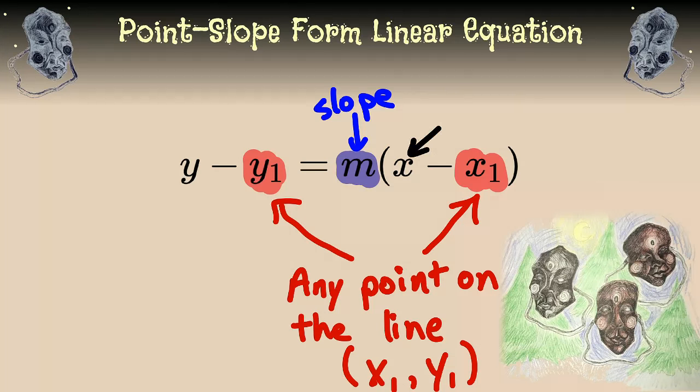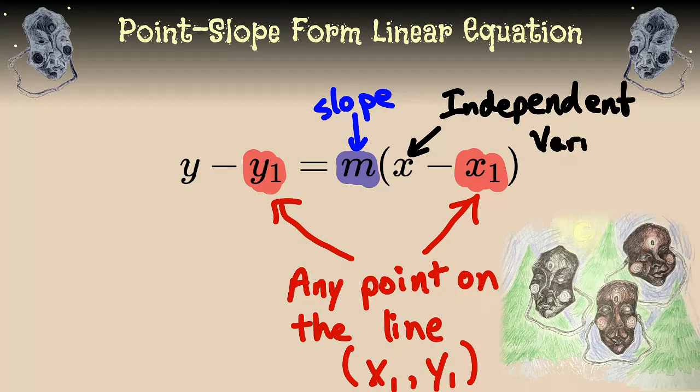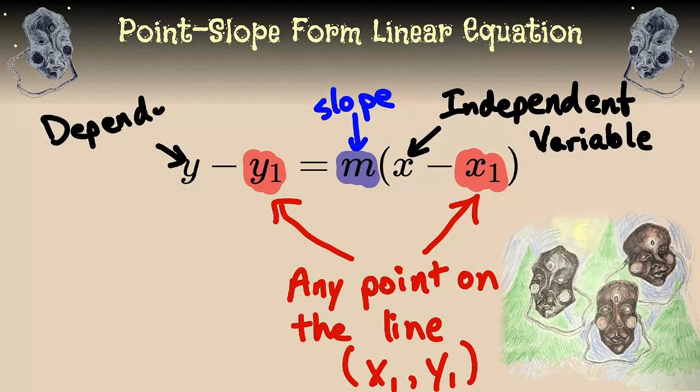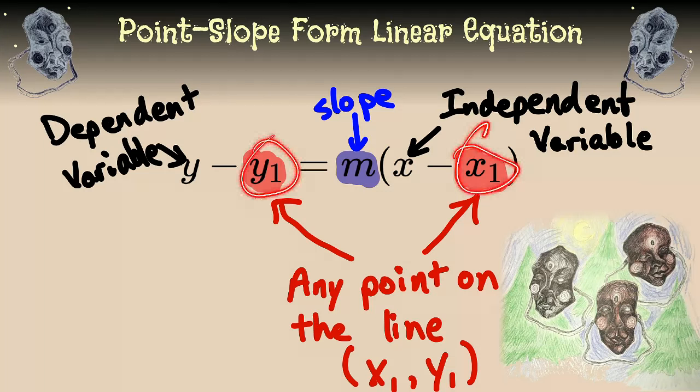Our x is still the independent variable. And our y is still the dependent variable. So that's why we call it the point-slope form of a linear equation.